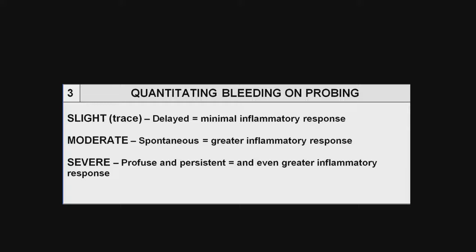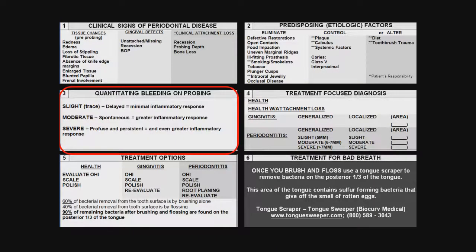This would be a situation where perhaps you have a 5 millimeter probing depth, and as the probe comes out, blood oozes out behind it. Finally, severe means this is profuse and persistent. The tissue is generally quite inflamed, and before you reach the depth of the pocket, blood is flowing freely. And this is found also on the score sheet on the back.